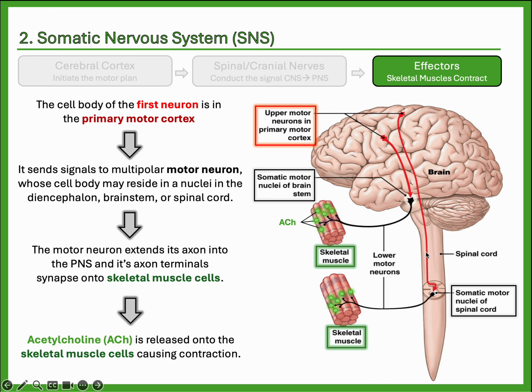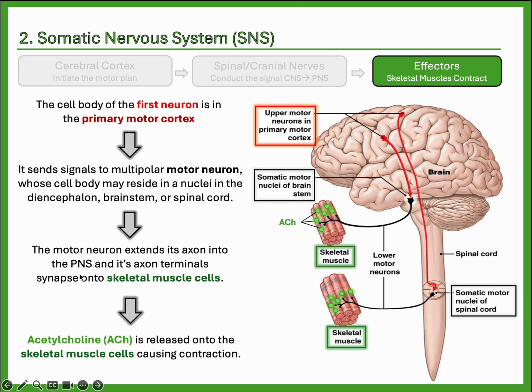Maybe this neuron really goes lower, and this motor neuron exits out at this level of the spinal cord. But this is our motor neuron, the one that's going to the muscle to do the contracting. And as I said, here the nuclei could be in the diencephalon. Here you see it in the brainstem. Here you see it in the spinal cord. It could be at different levels depending on where that skeletal muscle is.